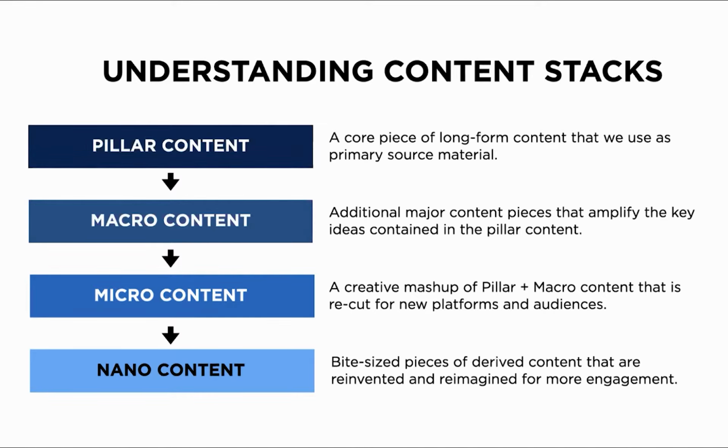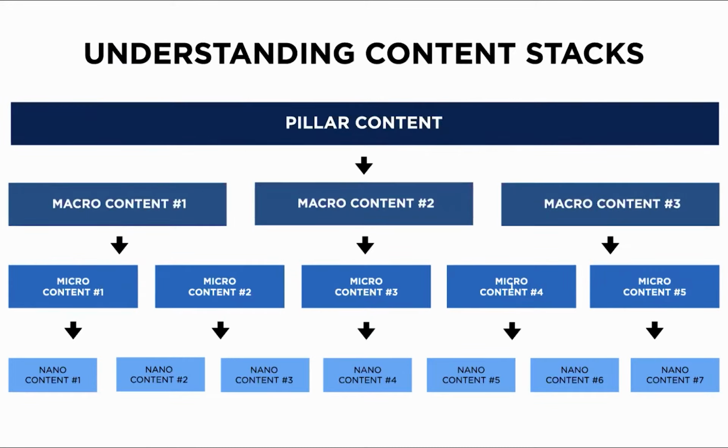A way to see this in action is what a content stack looks like. Let's say this is for a month or for a week. We start with that single piece of pillar content. We'll talk soon about how you figure out what that is. We might have 3 pieces of macro content that really amplify it, 5 pieces of micro content that allow different entry points across different channels, and then finally, that might resolve in 7 pieces of nano content that further explore that.